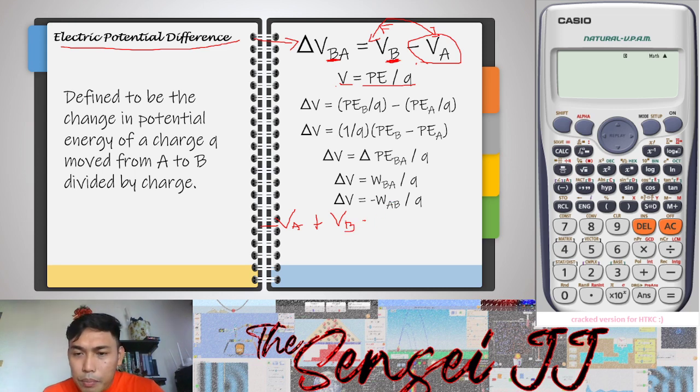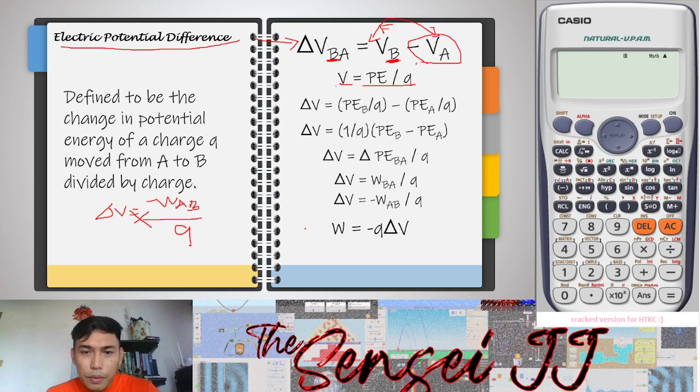That's why it will be rewritten as negative W AB. Okay? So, wala namang problema. Nagkaroon lang din tayo ng difference doon. Nauna lang natin si AB. Okay. So, with this, our formula, cross-multiplying. So, delta V is equivalent to negative W AB all over Q.